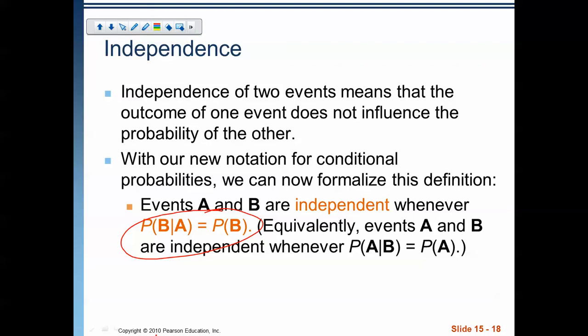If I know that event A happened and that changes my perception or probability of event B, then we lack independence. If it does not change my perception or probability of event B, then there is independence. It means that A is not influencing B. So we can use that information to solve problems now. If we know the probability of B happening and we know the probability of B happening given that A has happened, we can determine if two things are independent.